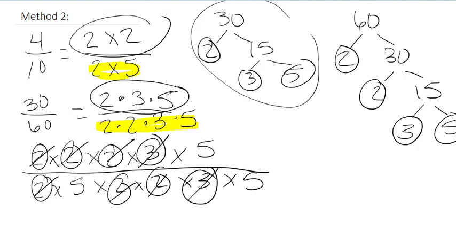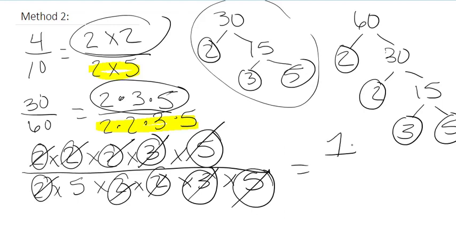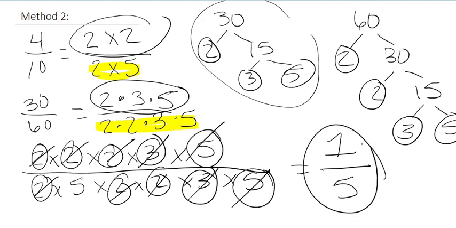So we're going to cross out both on the top and the bottom. And now we have 1 5 and 1 5 here. So let's cross these out as well. So as you can see on the top, we are actually just left with the number 1 because anything divided by itself is equal to 1. So the 1 will still stay on the top. And now on the bottom, we have 5 left over, which is 1/5.